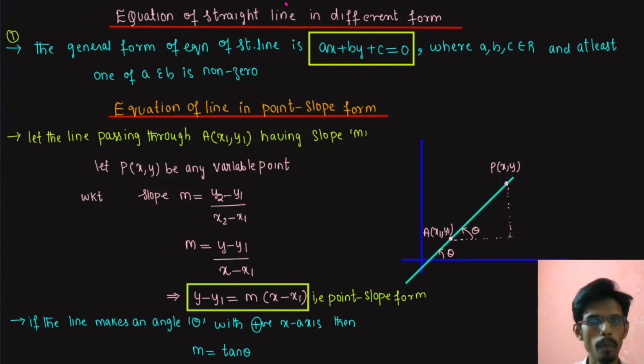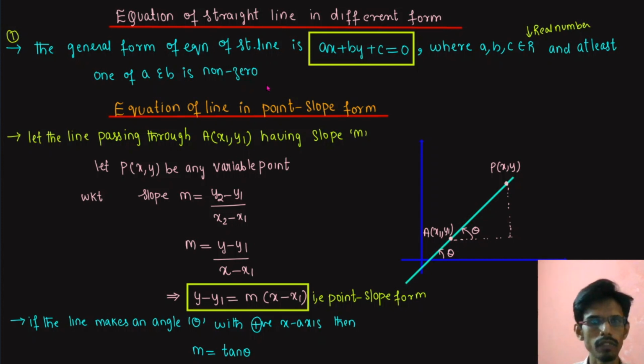The general form of the equation of the straight line is ax plus by plus c equals 0, where a, b, c belong to R. So this R is nothing but a real number. So all a, b, c are real numbers, and at least one of a and b is non-zero.